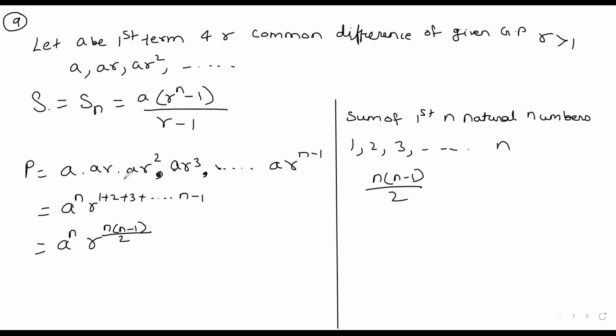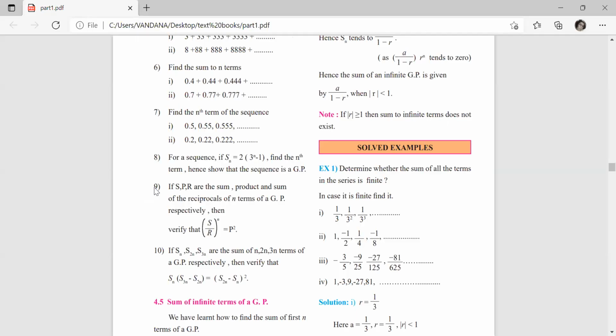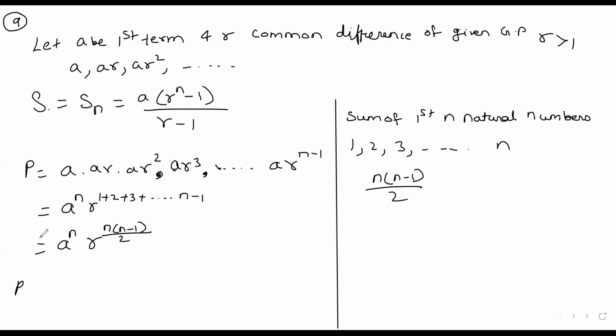If I say P square, because I have to prove something in P square, right? So if I say P square here, this is P, then P square is a square, that is a raised to 2n, r raised to n into n minus 1. This 2 will get cancelled.